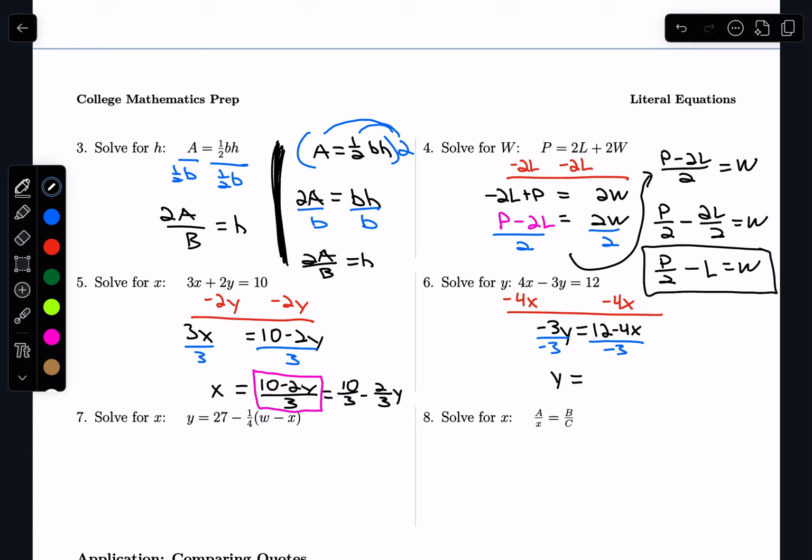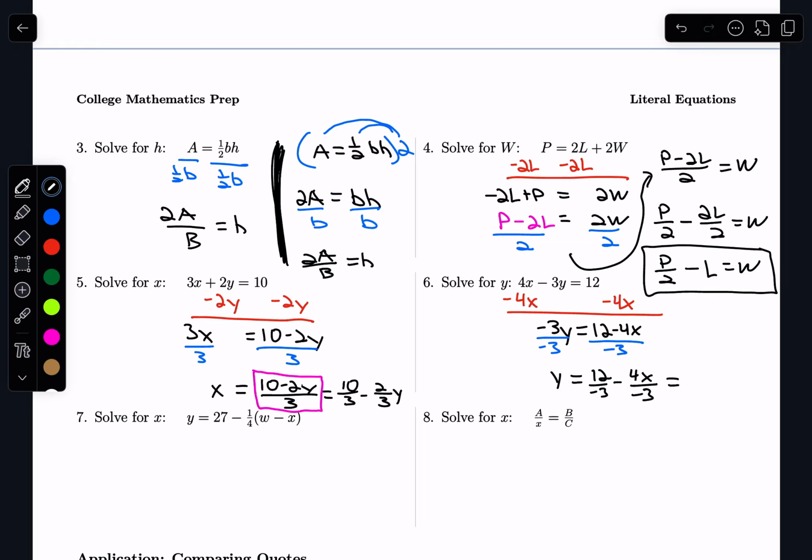Okay, and we can actually do that because some things are going to simplify here. If we break it into pieces, that negative will move just by us doing the division. So watch what happens if I split it into two fractions here. I can write 12 over -3 minus 4x over -3, where notice both denominators are a -3.